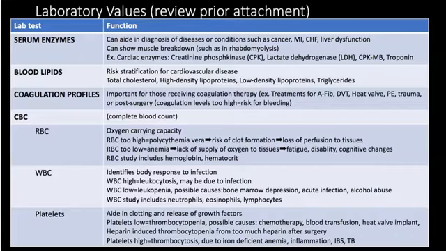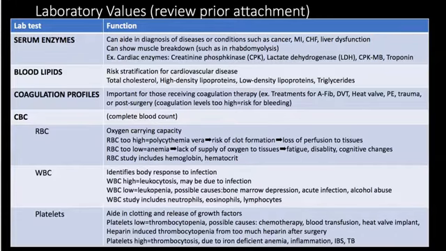As far as serum enzymes go, those can help identify diseases or conditions like cancer, myocardial infarction, congestive heart failure, or liver dysfunction. They can show the breakdown of muscle tissue, such as in rhabdomyolysis.